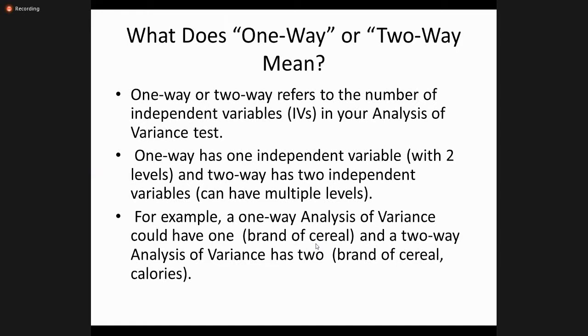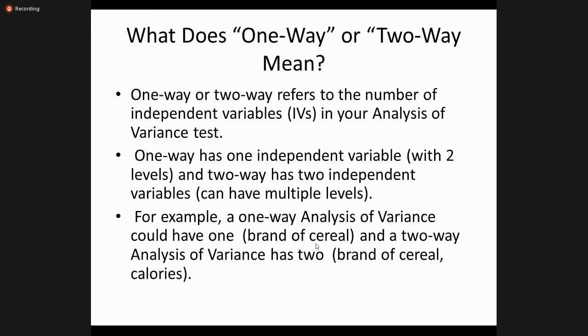This is the main difference. For example, when you just want to check the IQ levels in different groups, this is one-way. But when you do the IQ with the gender or other independent variable, you can use the two-way ANOVA.